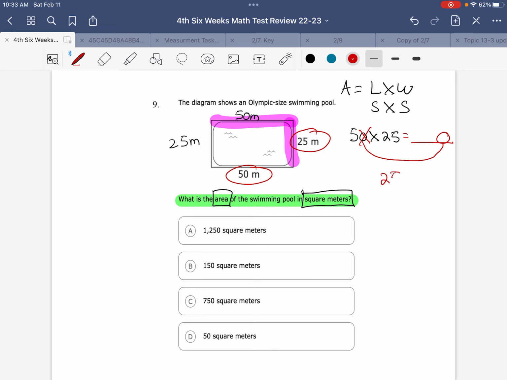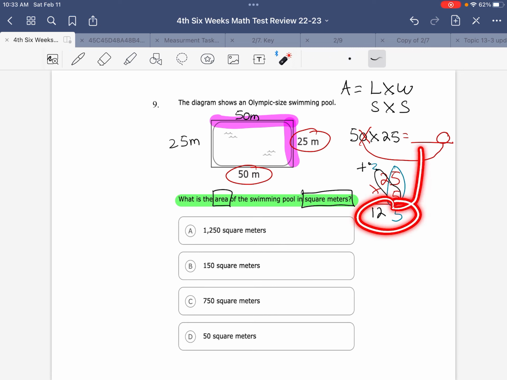So I'm going to multiply it, 25 times 5. 5 times 5 is 25. 5 times 2 is 10, plus 2, 10, 11, 12. And I put this back with my egg. I can't leave out my egg. My egg is very important. And when I put it back with my egg, I get 1,250 square meters, which is A.